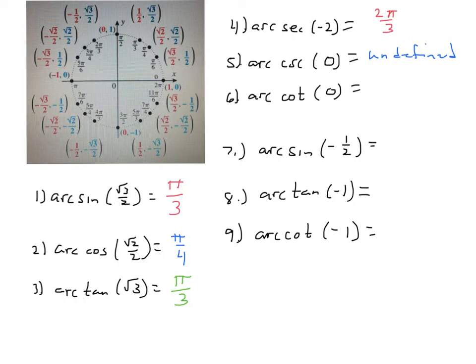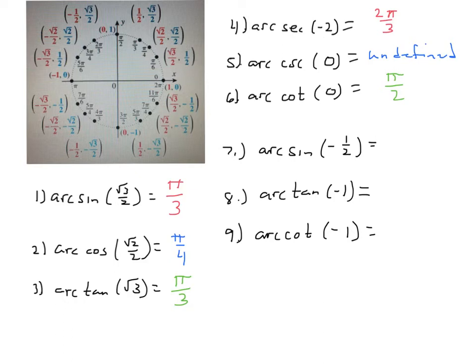So the cosine value is on top, sine value is on the bottom. And if the cotangent is 0, that means that the cosine had to be 0. And the only place that happens on this portion of the unit circle is right here at pi over 2. So the answer on this one would be pi over 2.